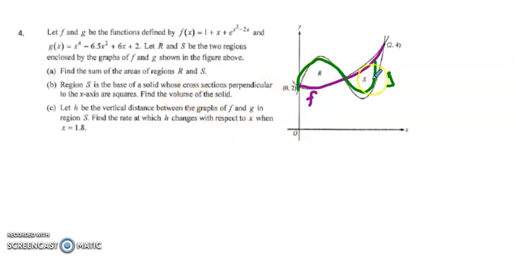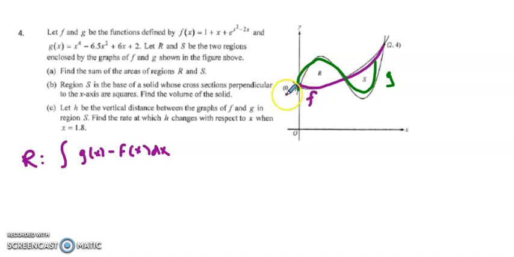So we have regions R and S as labeled, and we want to find the sum of the area of the regions. So basically we need to find the area of R first, which is going to be the top curve minus the bottom curve. So we have g of x minus f of x, and then we need to integrate between these limits of integration.